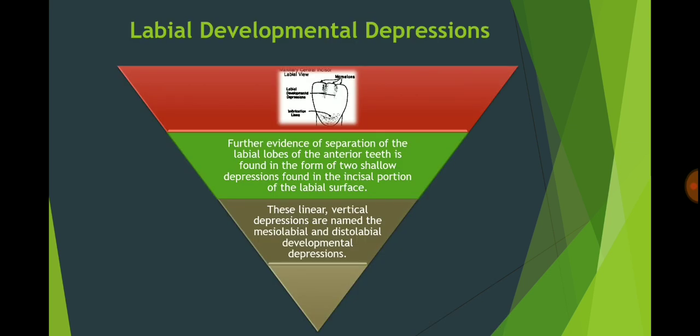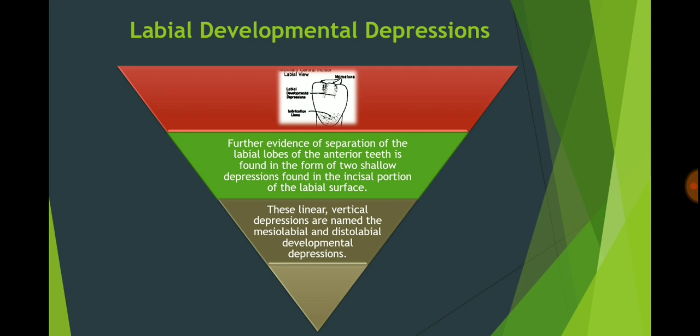Now the labial developmental depressions. There is further evidence of separation of the labial lobes of the anterior teeth. The developmental depressions are usually shallow depressions which are found in the incisor portion of the labial surface, therefore causing mamelons.